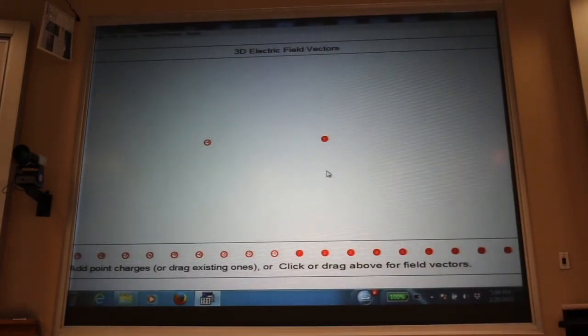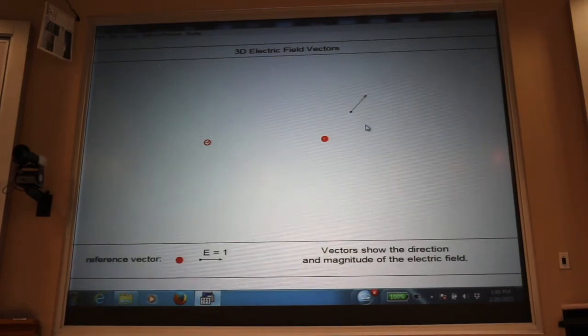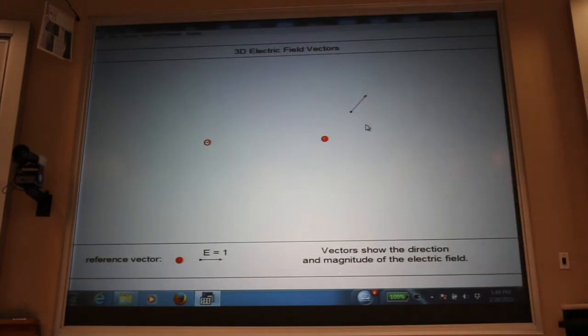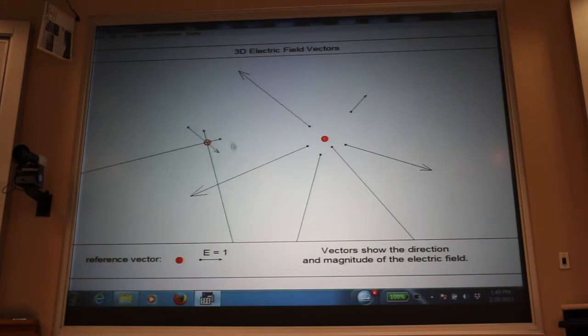His program allows you to click anywhere, and it will give you the electric field vector. That's the field, the middle thing, the E, okay? When I get close to the 5, it dominates because of that 1 over r squared. When I get close to the 4, it dominates because of that 1 over r squared.